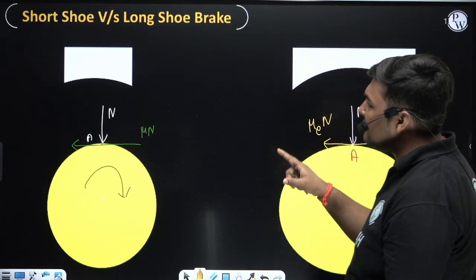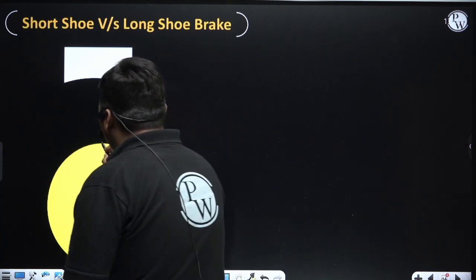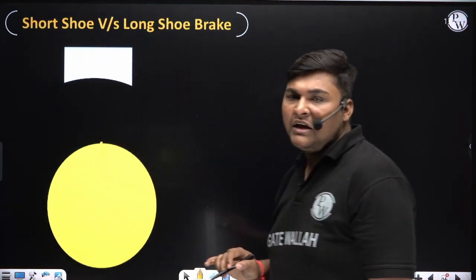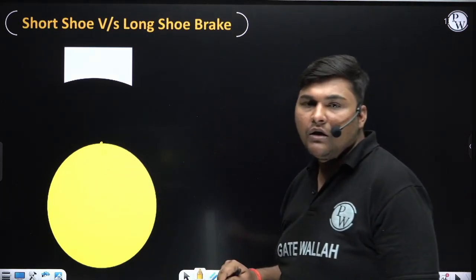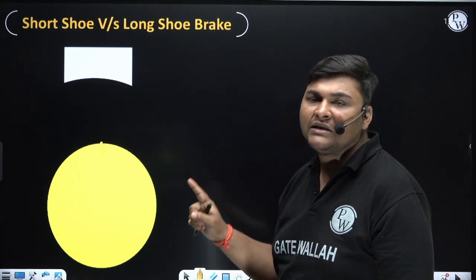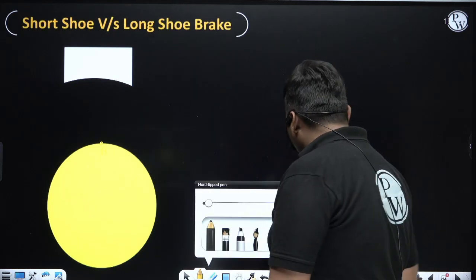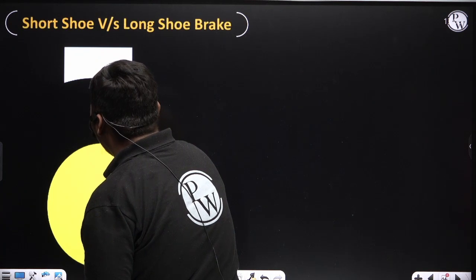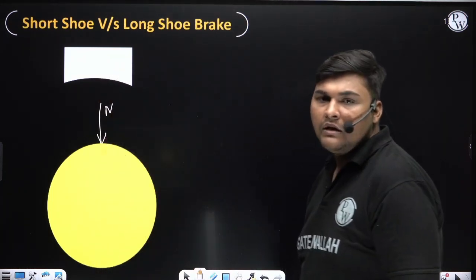If I summarize this whole discussion, whether it is long shoe brake or short shoe brake, we will apply at this point A. Point A is the midpoint of this contact region. While doing the analysis, we can replace the entire contact region with a single contact point A. At this single contact point A, total normal force N will act, whose direction will be from point A towards the center of the drum.